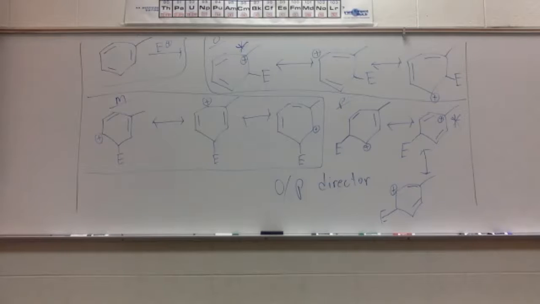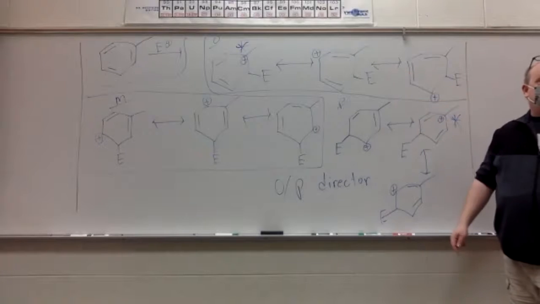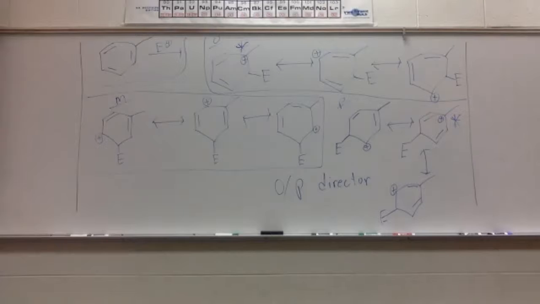Yeah, Josh. So if we have a tertiary meta, then that one would be more stable. That would be better. If you had a tertiary meta, yeah. You're not going to have a tertiary meta. So how do we know that it's a meta? You know it's meta when something is destabilized with ortho and para. Meta never wins.